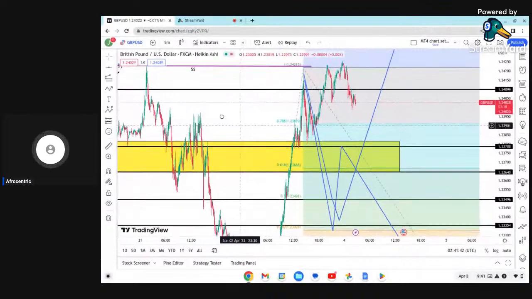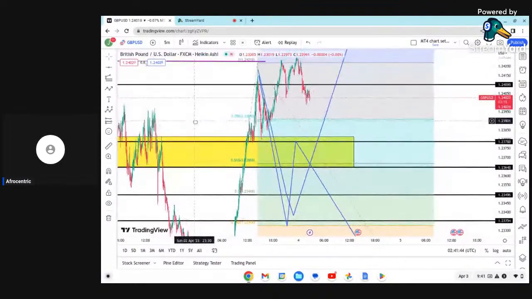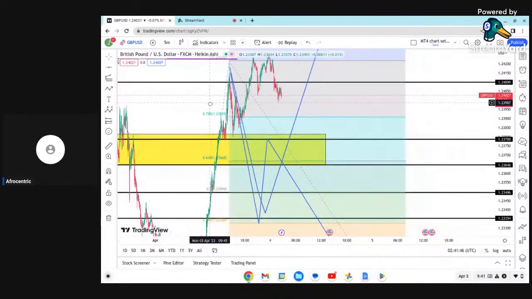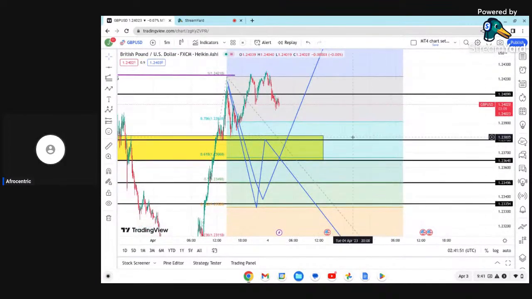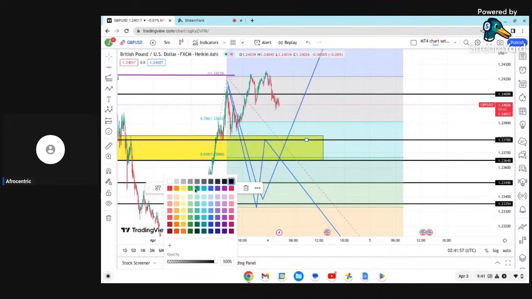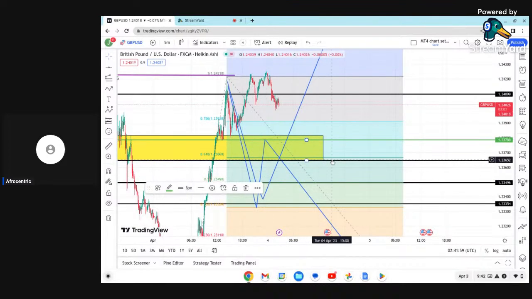So the targets for GBPUSD, like I said. I'm going to make these green.